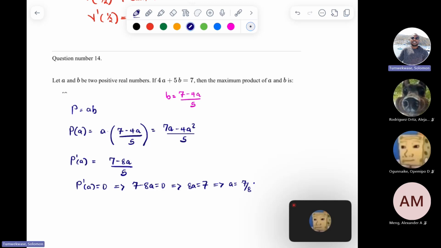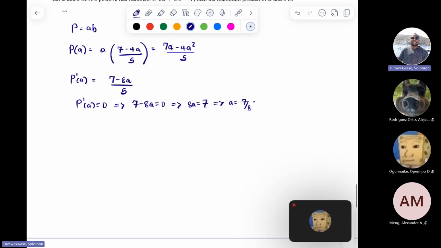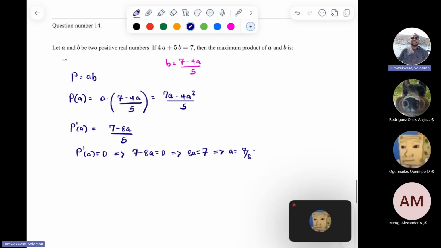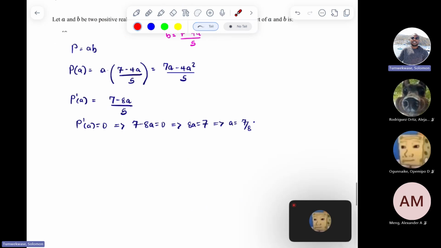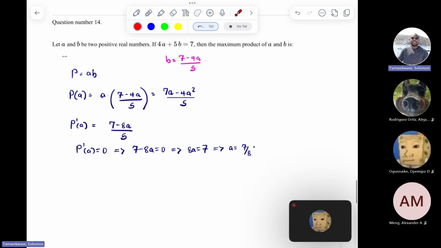So then the maximum product of A and B is, so this is the critical point we have. We want to check that this critical point is a maximum, because we are interested in maximizing.